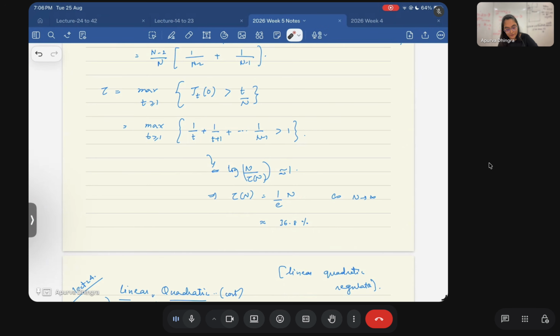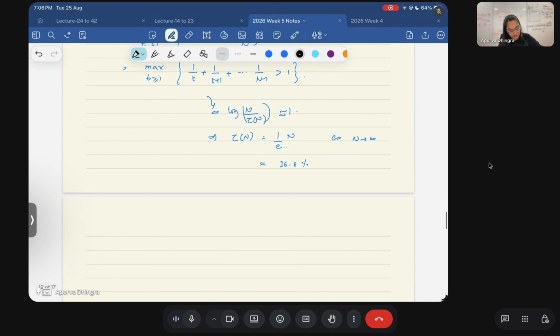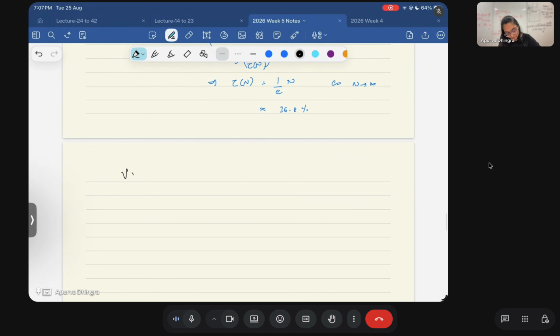Okay, now there are a few variations to this problem that can be thought of. Difficult to do, but there are certain variations to this problem, so I'll just point out what those variations are.